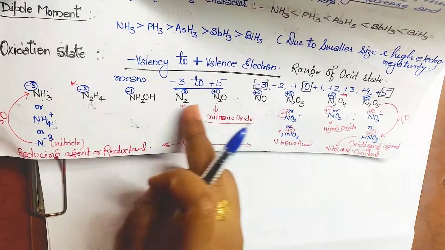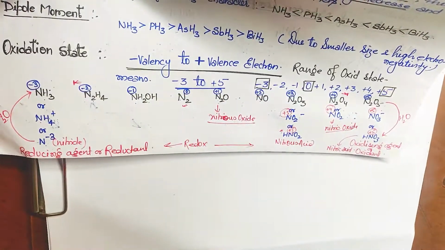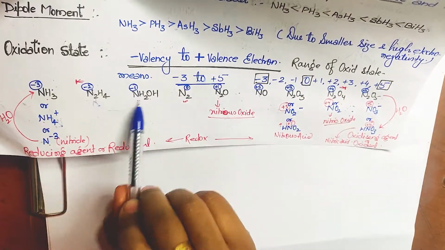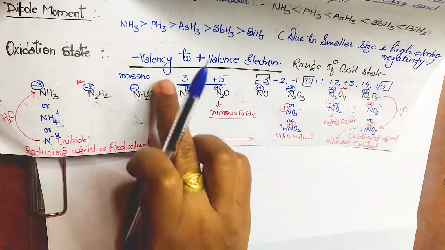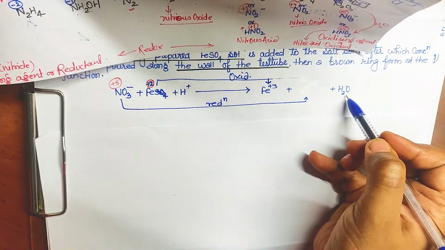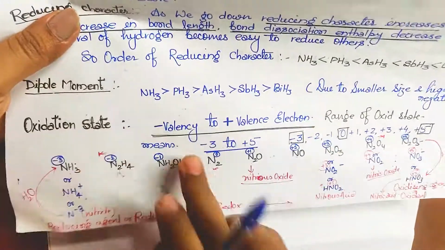That means any compound we can form. But quite clear that NH3, N2H4, NH2OH we will not form, because hydrogen is there and we are not getting hydrogen. Hydrogen is converted into water, so that's why these three will not form.